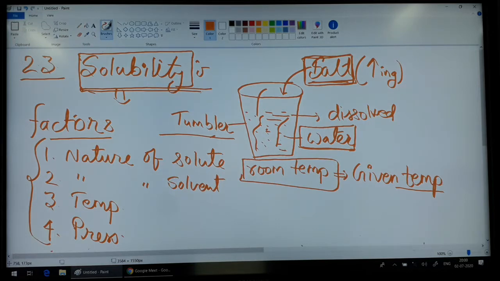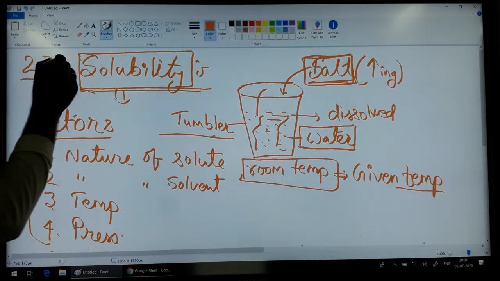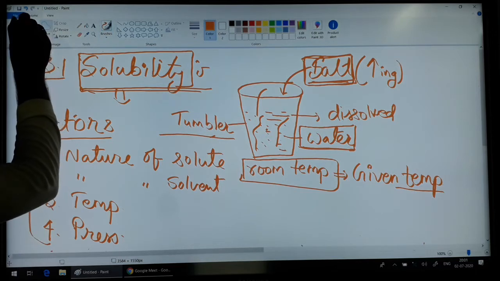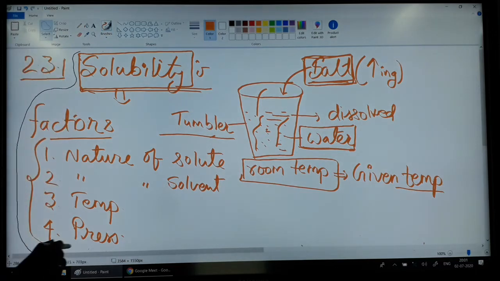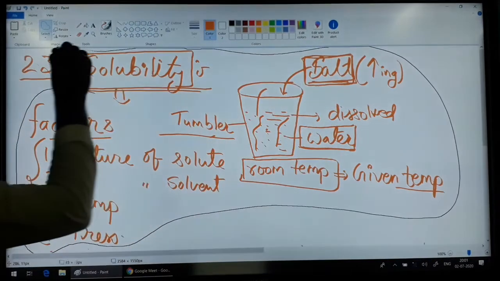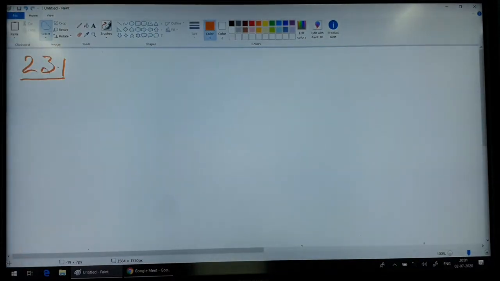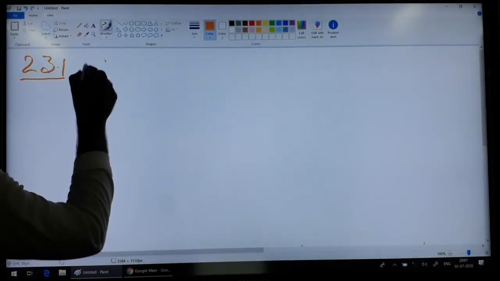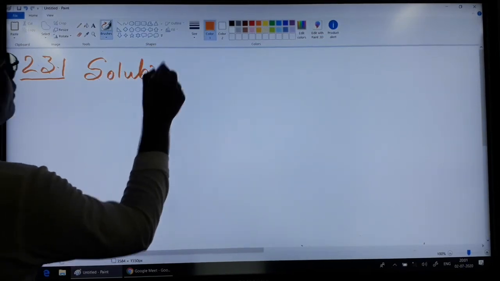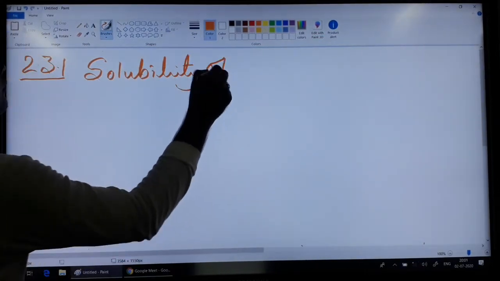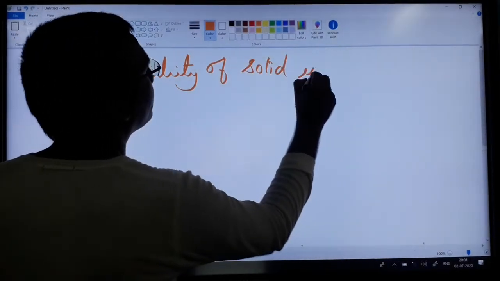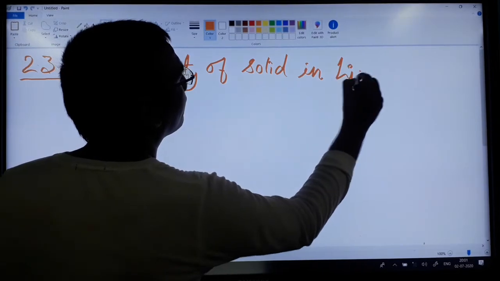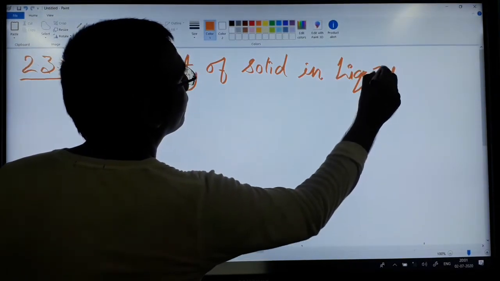Before proceeding, we have the next topic, that is 2.3.1, solubility of solid in liquid.